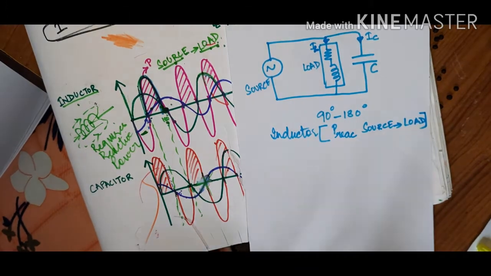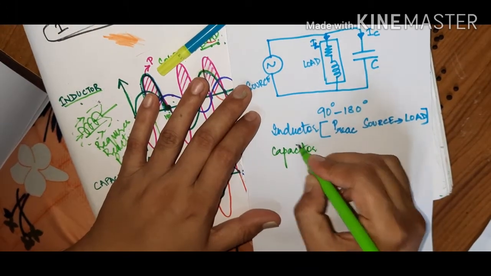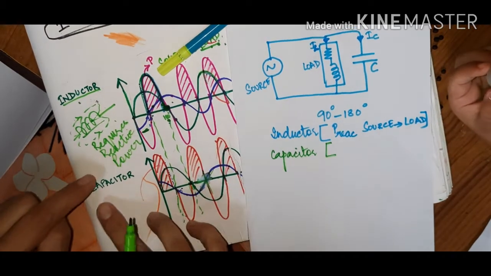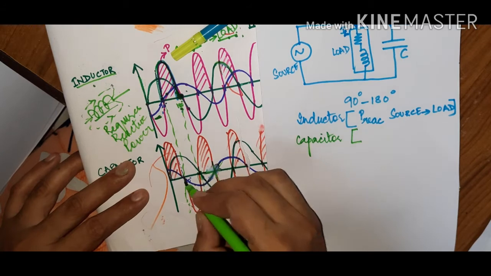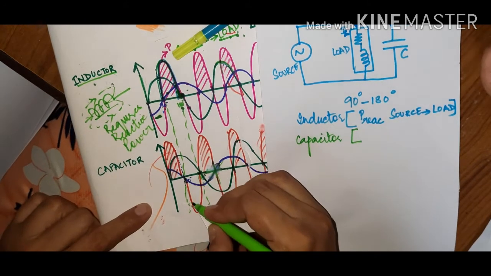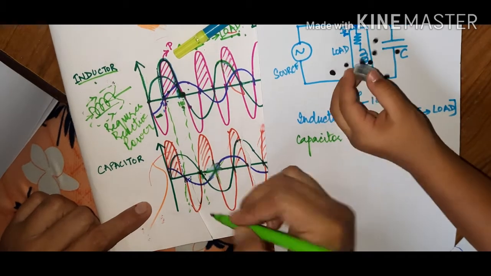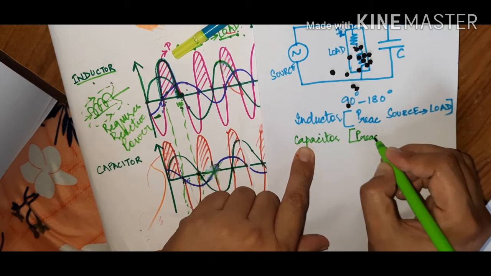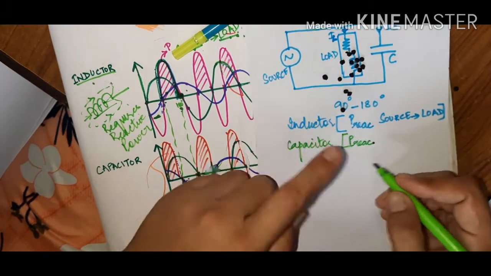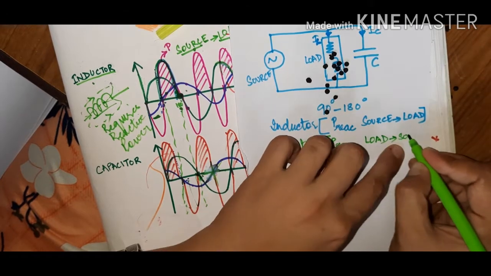Alright, but in the case of a capacitor, see again the waveform for the capacitor. This is 90 to 180 degrees. During this, we have the negative half cycle of power in the capacitor. So what does this mean? This means that in the case of a capacitor, the reactive power flows from the load to the source.